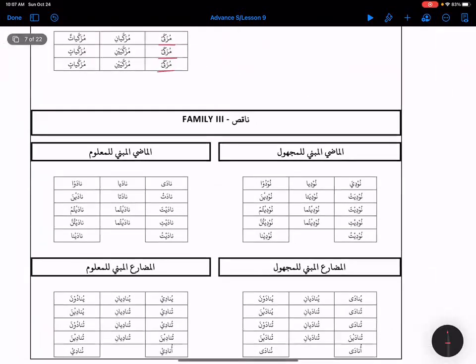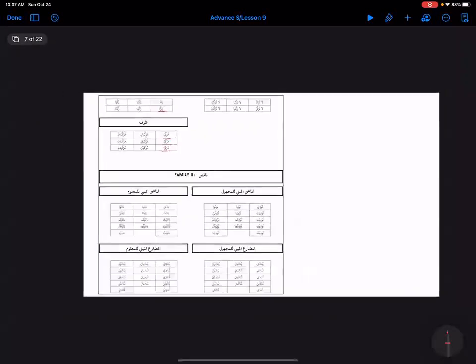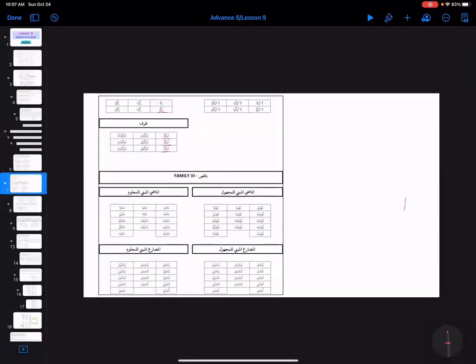I had a question, sister. In this family 4, that is the Aslama family, there's ara with ya. So how do we find the root word for this? I was doing most of the things what you told me.